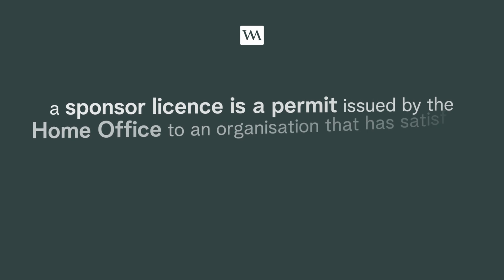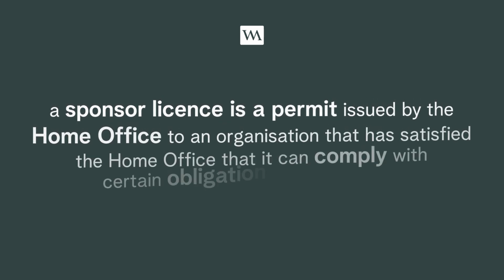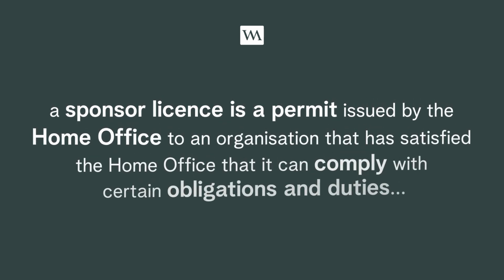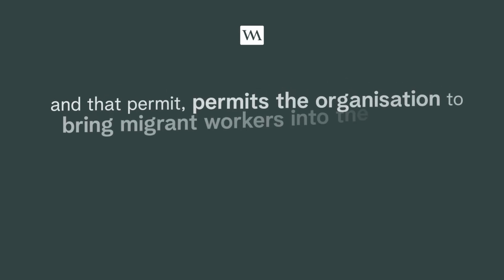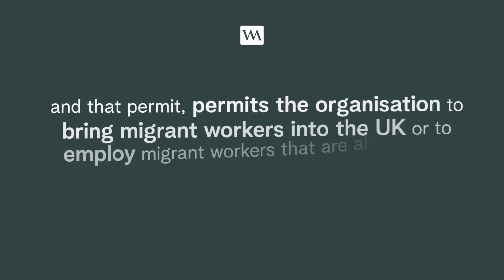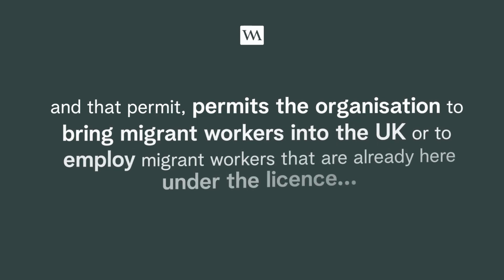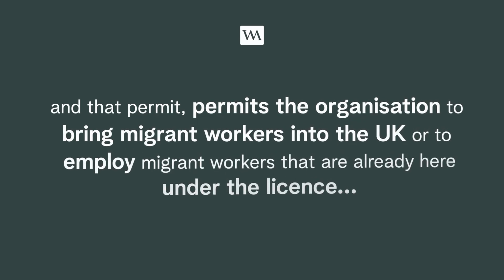So a sponsor licence is a permit that is issued by the Home Office to an organisation that has satisfied the Home Office that it can comply with certain obligations and duties. And that permit permits the organisation to bring migrant workers into the UK or to employ migrant workers already here under the licence.